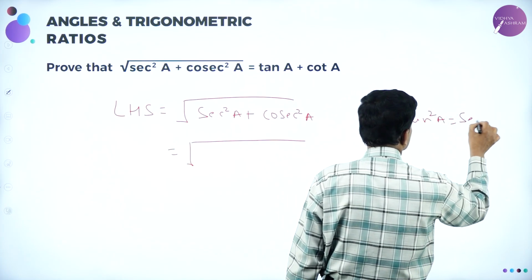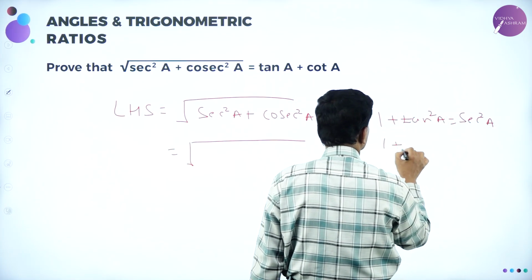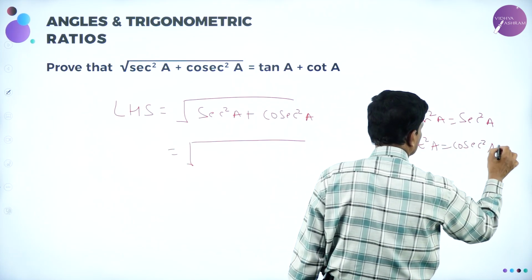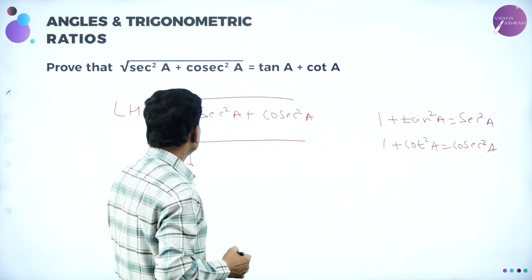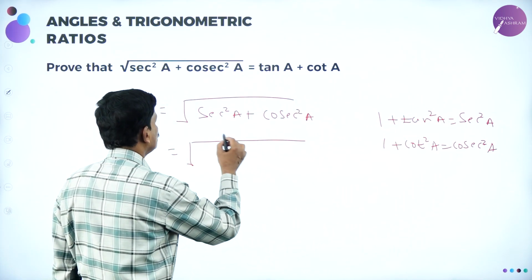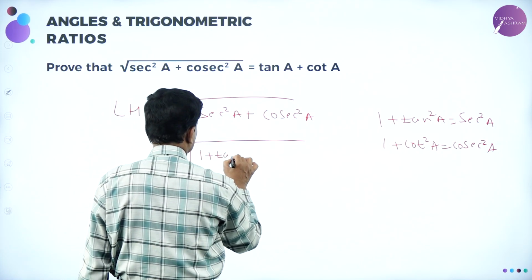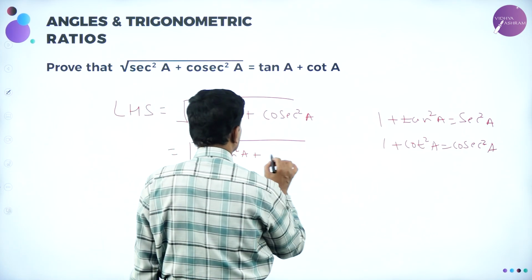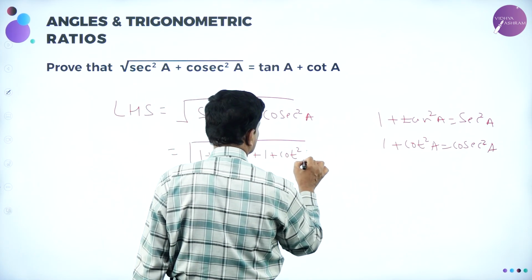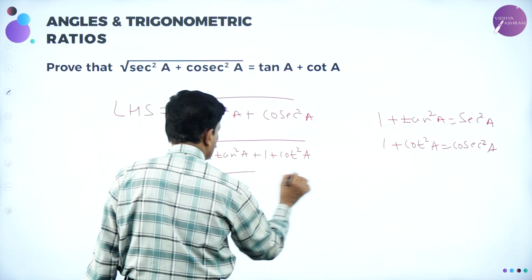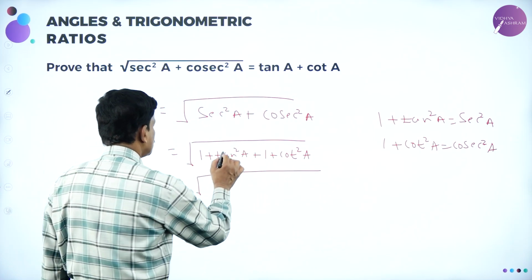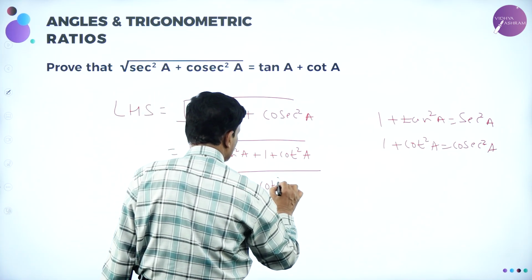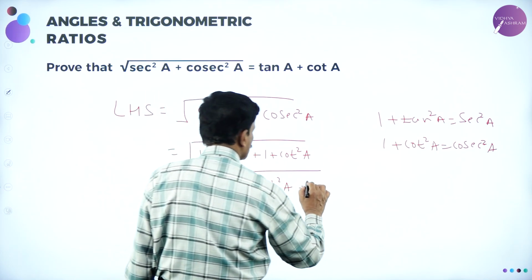1 plus tan square A is equal to secant square A, and 1 plus cot square A is equal to cosecant square A, right? Now, secant square A can be written as 1 plus tan square A plus cosecant square A. Cosecant square A can be written as 1 plus cot square A. Now this is equal to square root of, now just take first tan square A plus cot square A plus 1 plus 1 is equal to 2.